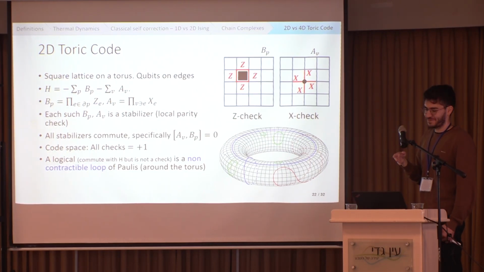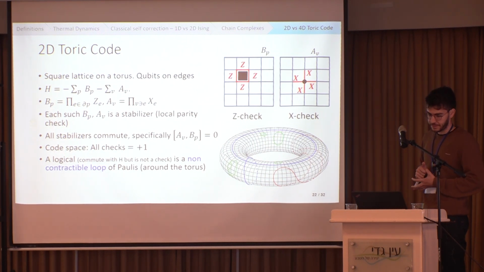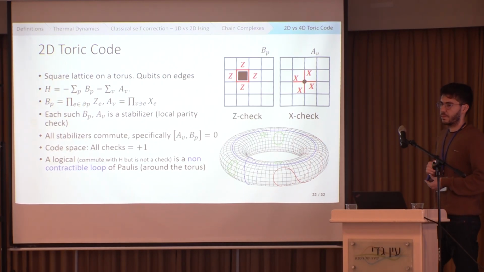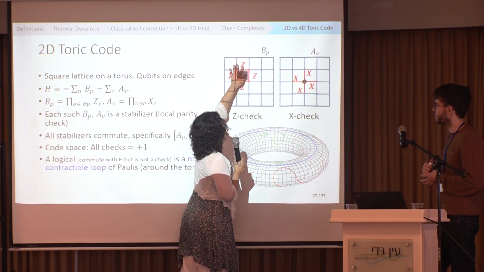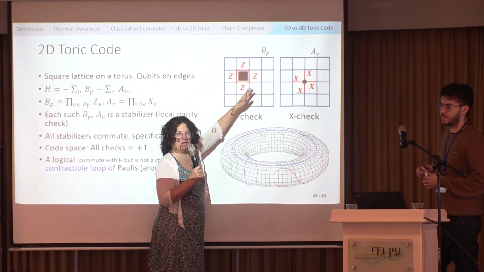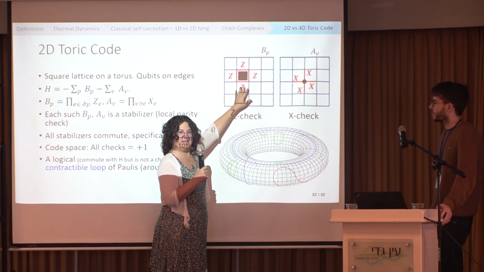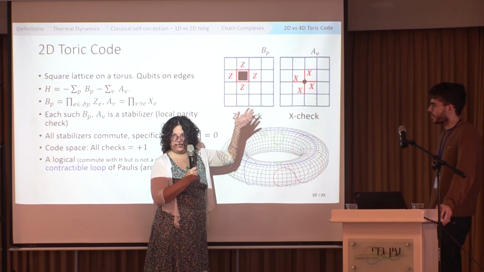Well, I think we have said it in various ways, but we didn't actually say it exactly. Let me try, and then Nati will say it to the mathematicians. If we apply Z times Z times Z times Z on a code state, which is defined as a state invariant under this, it doesn't change the state.